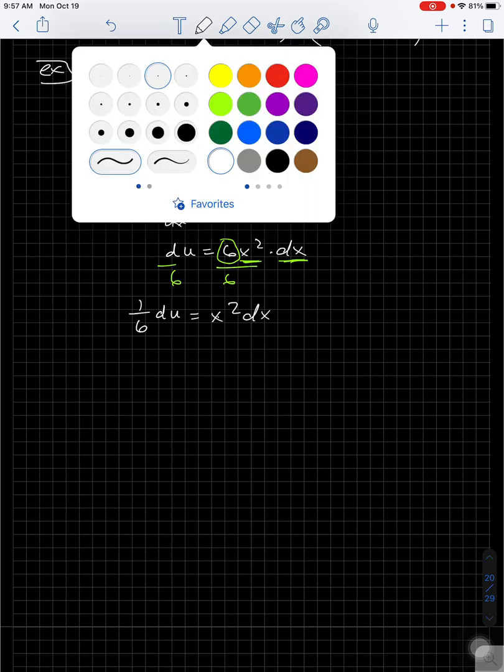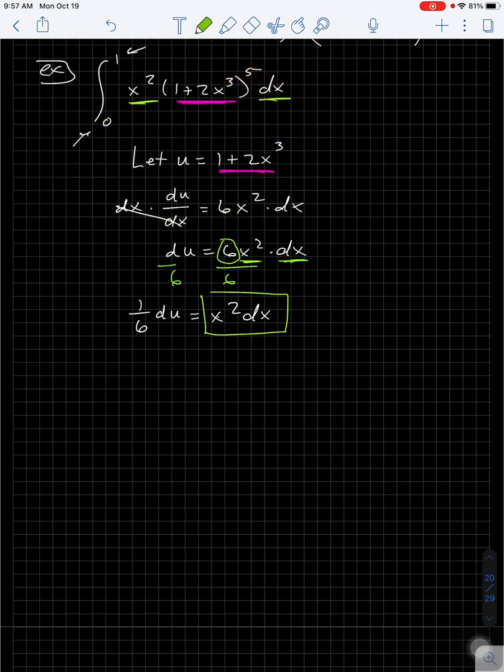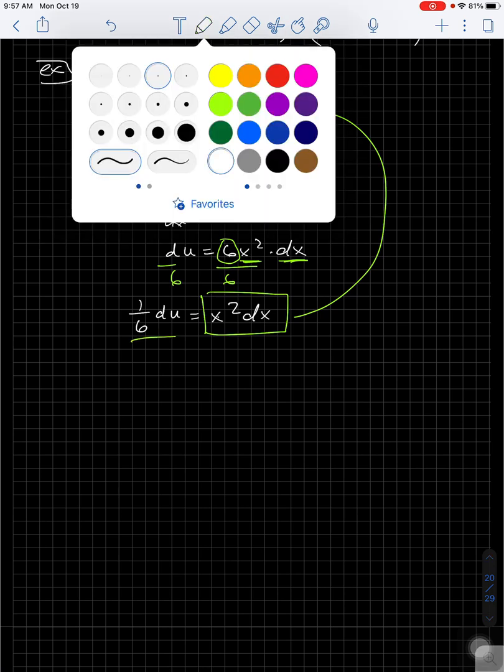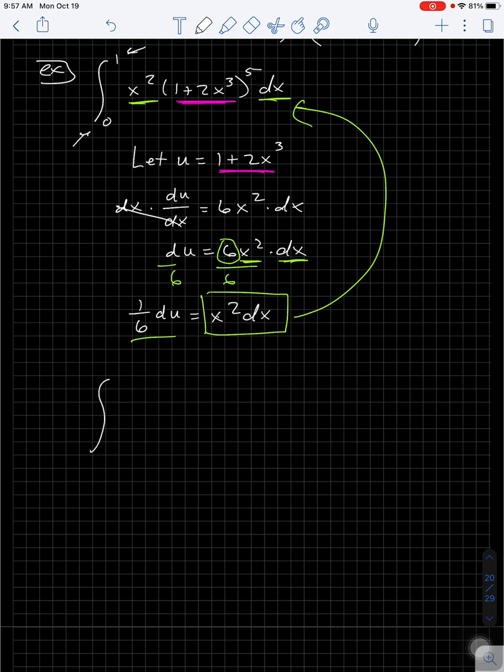So the idea is that you're matching the right-hand side of this equation to your original function. And then whatever the left-hand side is, that's what you're going to substitute in. So what we've got is the u to the 5th, okay, that's the pink part. And then the green part gets substituted in for 1/6 du.